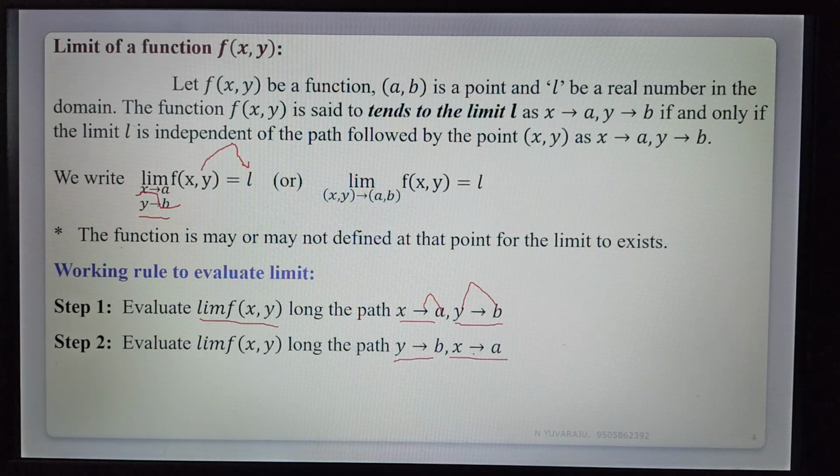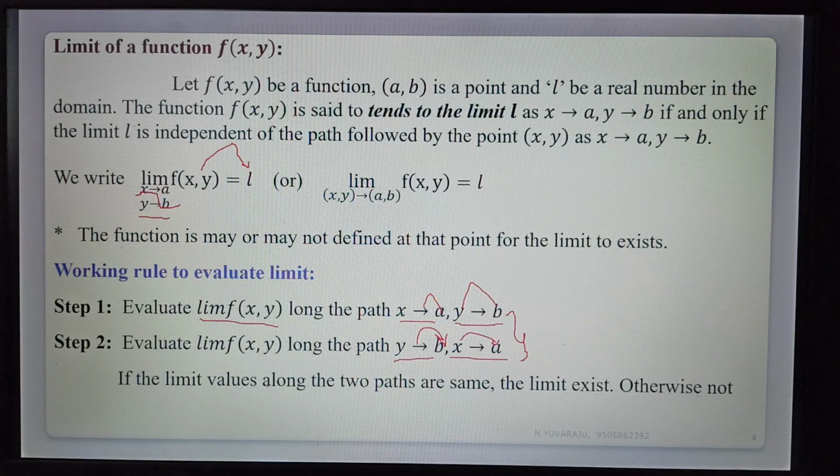Step 2: evaluate the limit of f of x comma y along the path where y tends to b first, then x tends to a. When a comma b is not 0 comma 0, the limit point is not the origin, and in both paths the limit exists and is equal, then the limit exists.